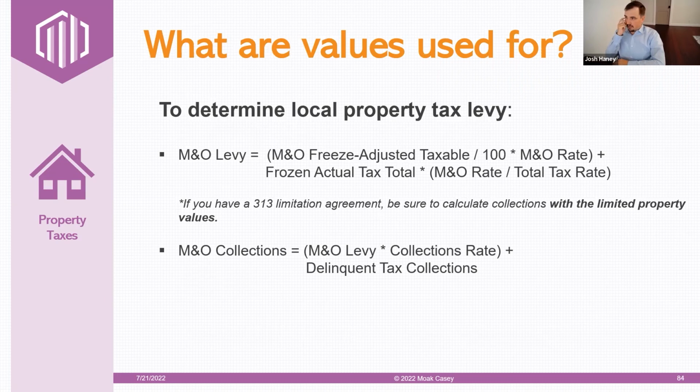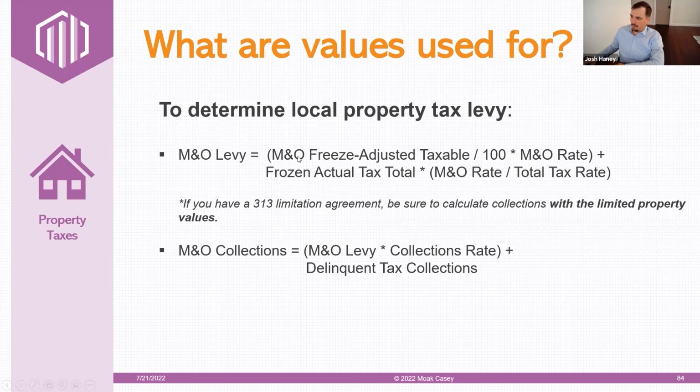For the M&O levy, here is conceptually how we approach it at MoKC. First, we start with the levy. The first row here is going to be all of the collections on your non-frozen properties.